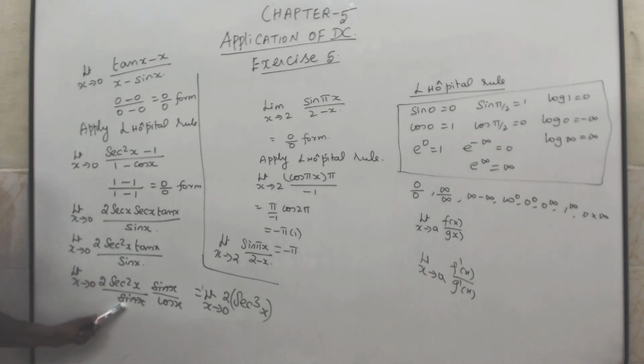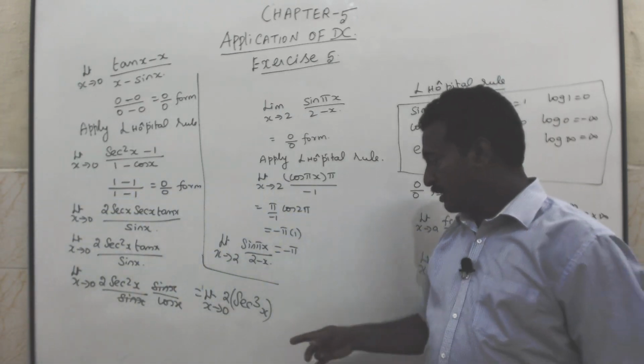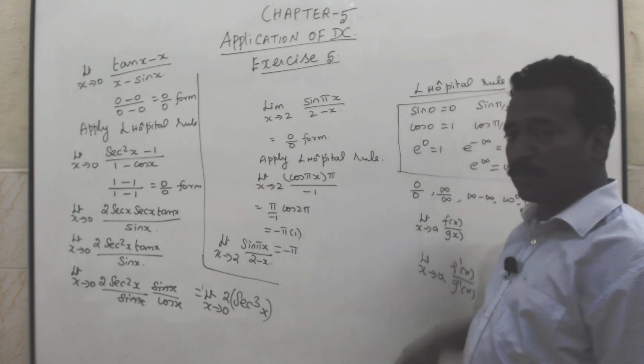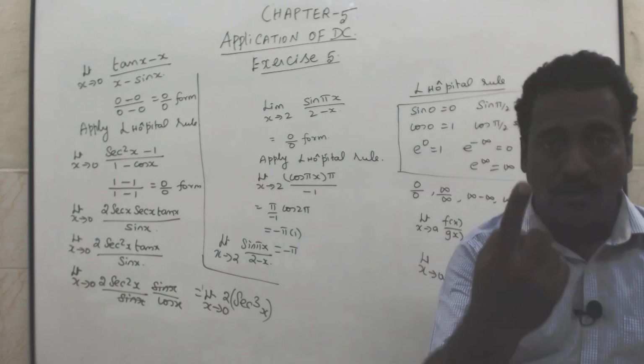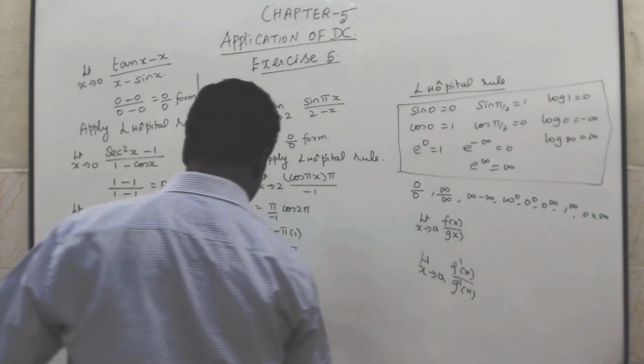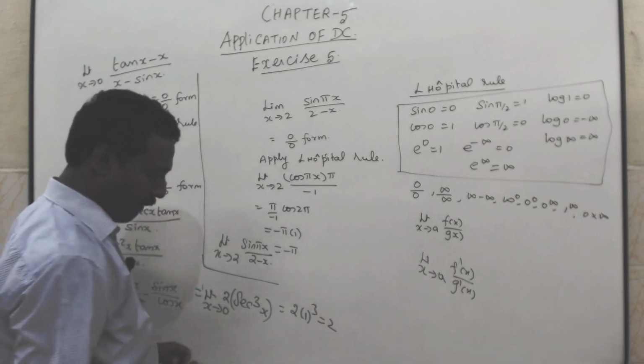Secant 0 is the reciprocal of cos 0. Cos 0 is 1, reciprocal of 1 is 1. Therefore, 2 into 1 cube equals 2.